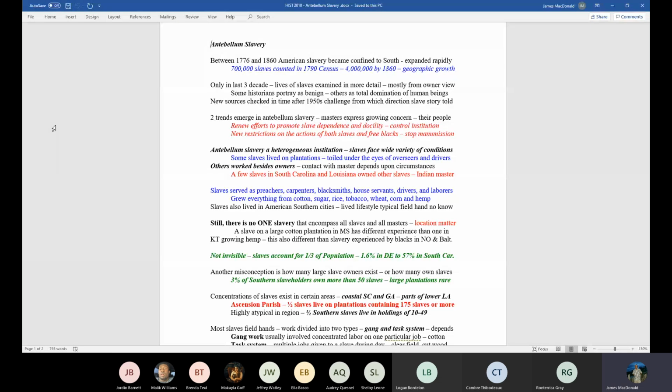But just to give you an idea of how slavery is changing, between 1776, again, the birth of the United States, until the American Civil War, it is an institution that becomes more and more confined to the South. And it expands rapidly two ways: in numbers, the number of slaves in the United States, and geographically.